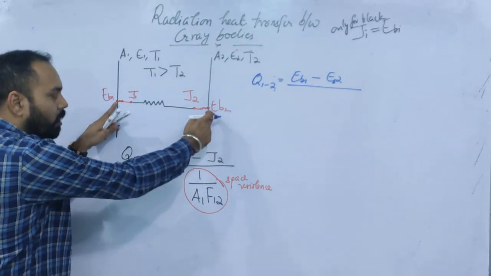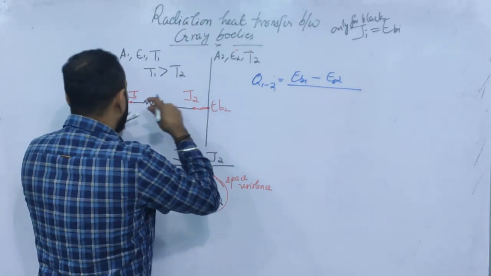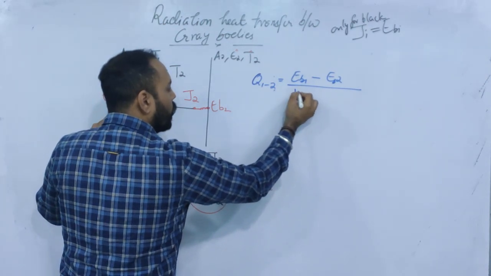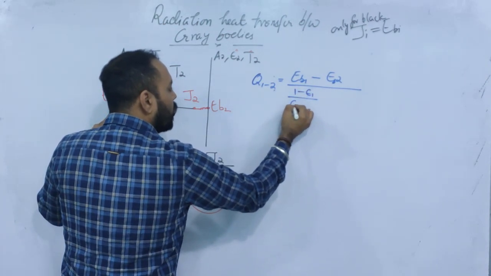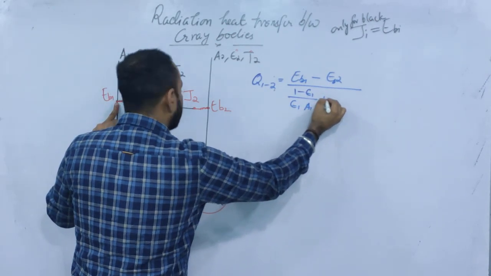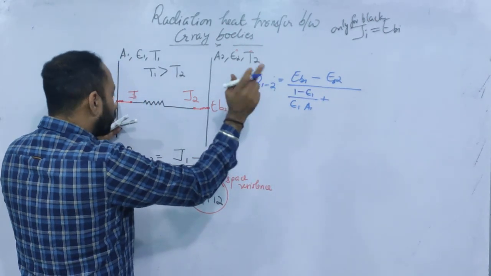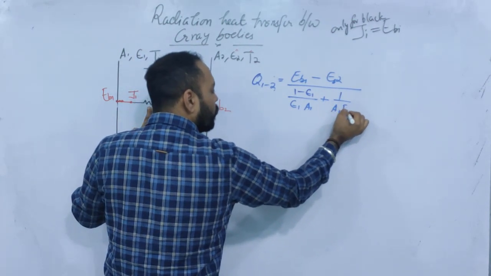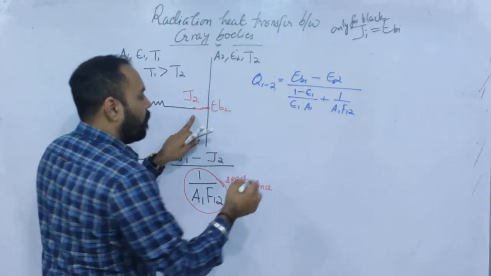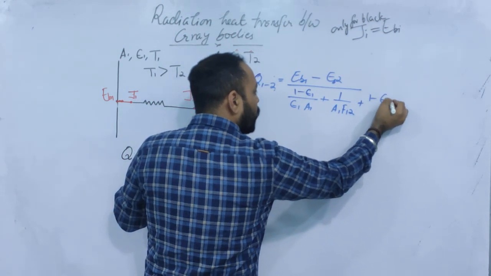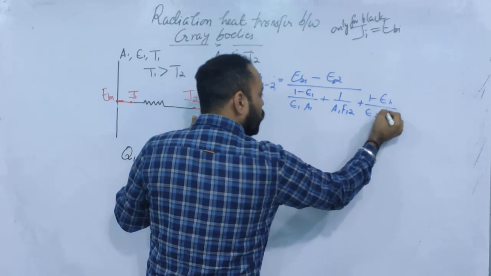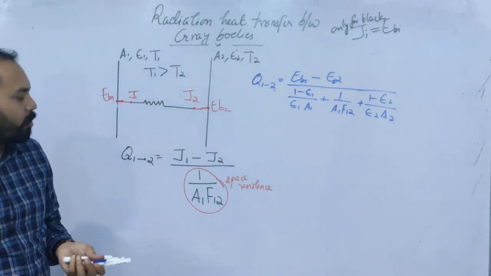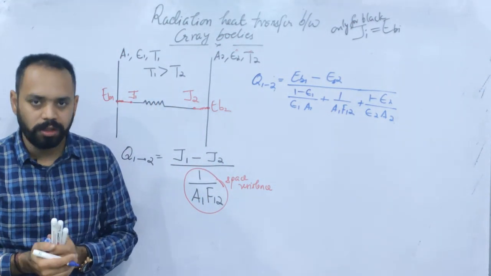Between EB1 and EB2 there are three resistances: 1 minus epsilon 1 divided by epsilon 1 A1, which is the surface resistance for the first body, plus 1 by A1 F12, the space resistance, plus 1 minus epsilon 2 divided by epsilon 2 A2. This is how you can write the final expression for the heat transfer between these two bodies.